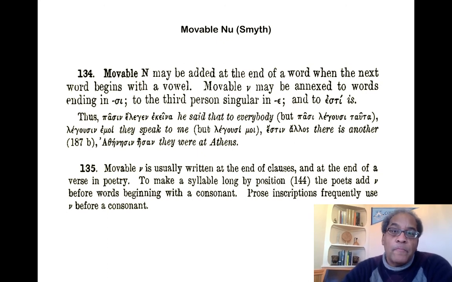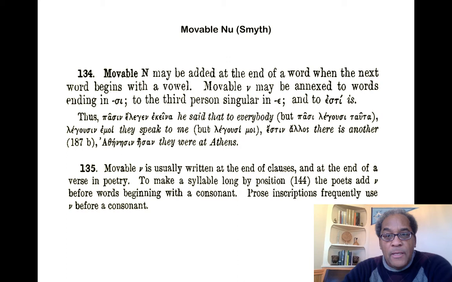Movable nu. Movable nu may be added at the end of a word when the next word begins with a vowel. Movable nu may be annexed to words ending in -si, to the third person singular in -e, and to esti, is.